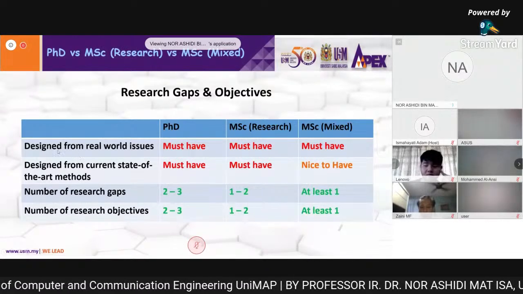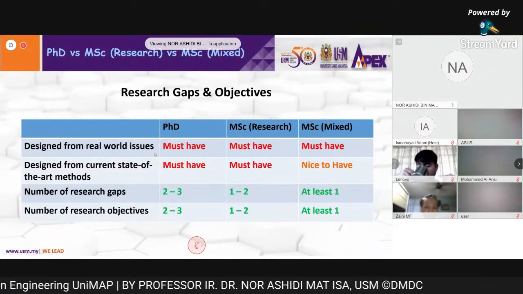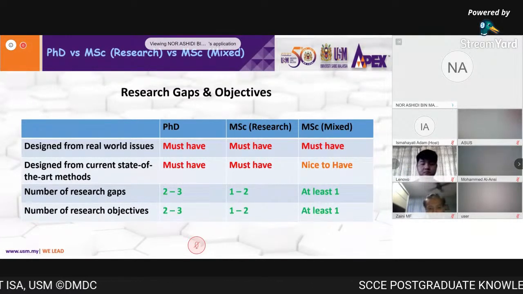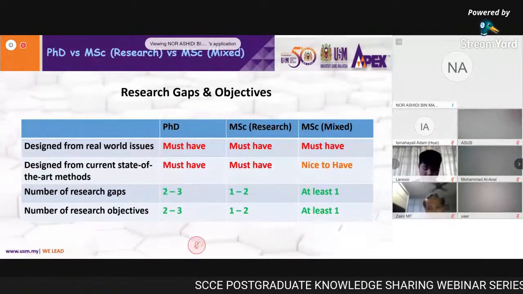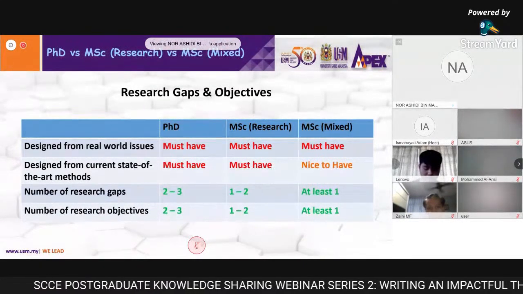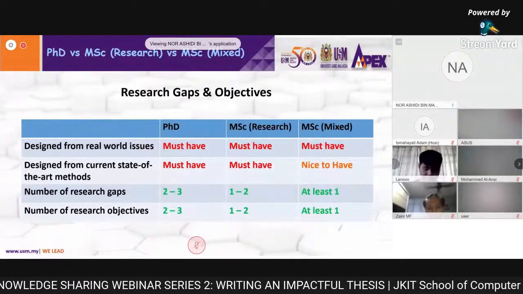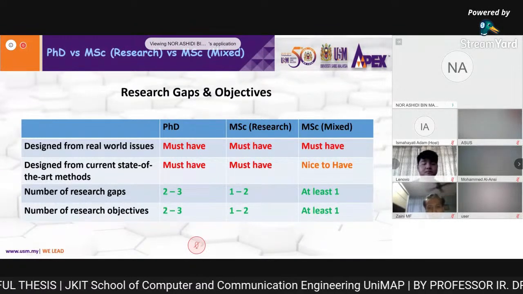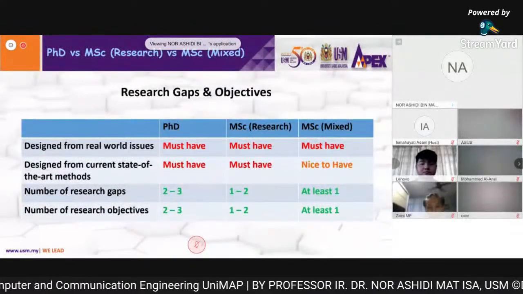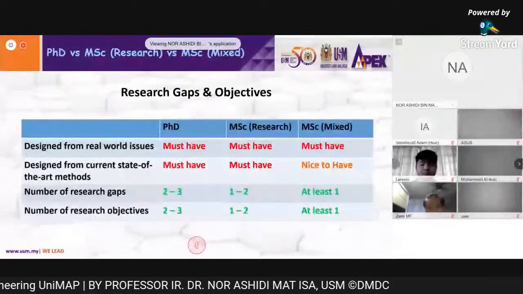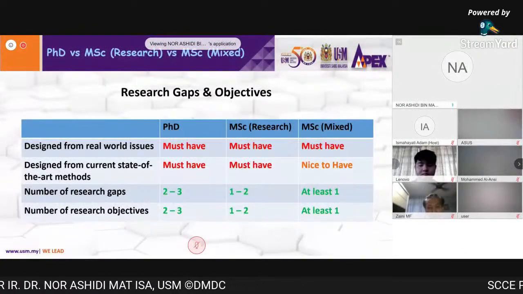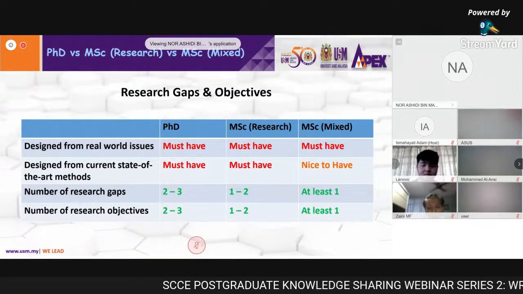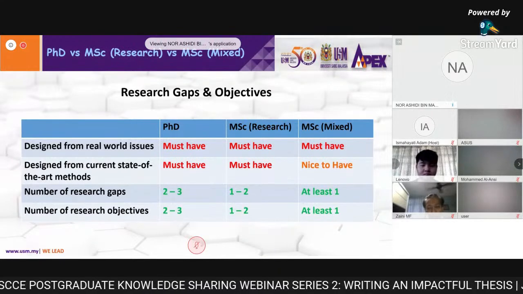Okay, if you derive it from the real world issue, let me give you an example. Let's say we want to detect defects on a certain IC in the industry. When industry produces the IC, there may be defects, maybe broken here, broken there, whatever the defect is. So that's what we call a real world issue.